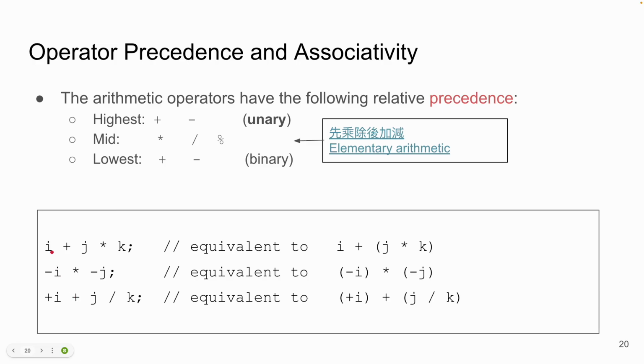So in this case, it is the case we saw in the previous slide, right? So in this case, we know that the multiplication and division operators have higher precedence than the addition and subtraction, right? So that is why in this case, J multiply K, this part will be calculated first. And then we will add the result of this part to I. So this expression is equivalent to this expression here.